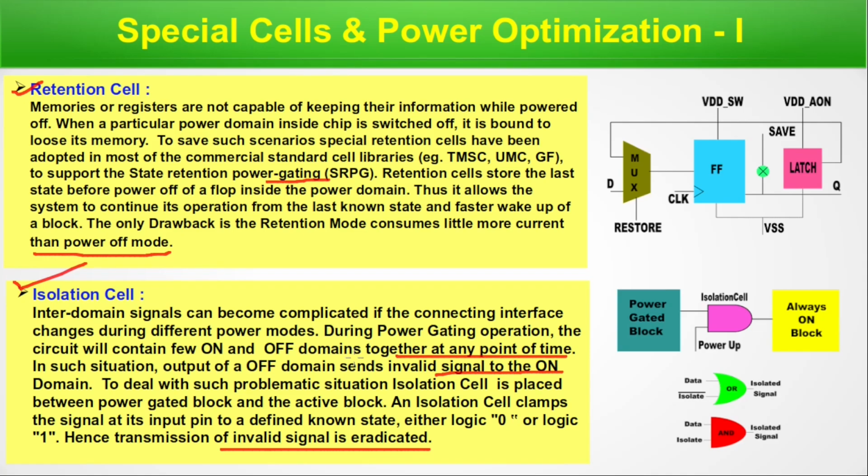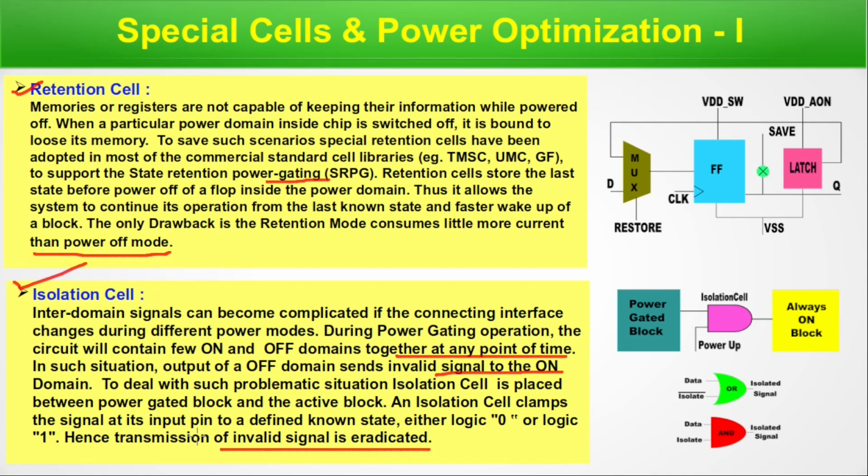In such a situation, output of an off domain sends an invalid signal to the on domain, because the signal is traveling. To deal with such a problematic situation, isolation cell is placed between the power gated block and the active block, and it just clamps the signal at its input pin to a defined known state, so that no ambiguous or invalid data travels to the on domain.